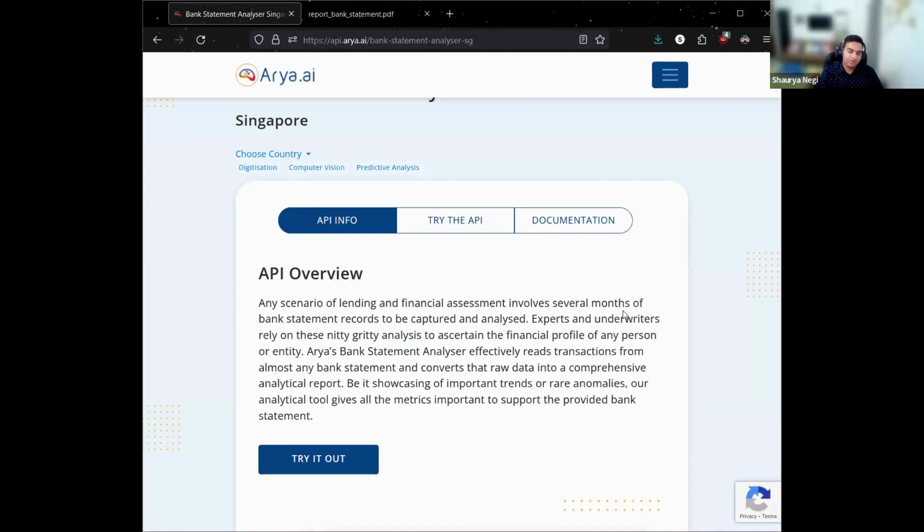That's the only requirement we have, that the PDF should be good enough for our model to understand. Generally, all the PDF outputs are good enough for any person to recognize, so it's the same with our AI model. As long as a person can understand the bank statement, our AI model will do so as well.